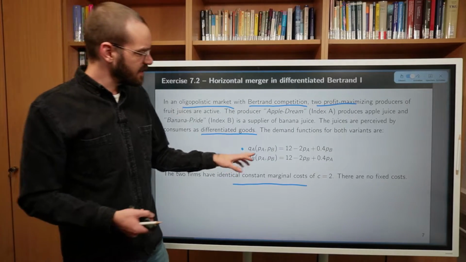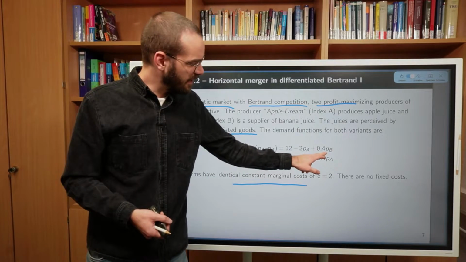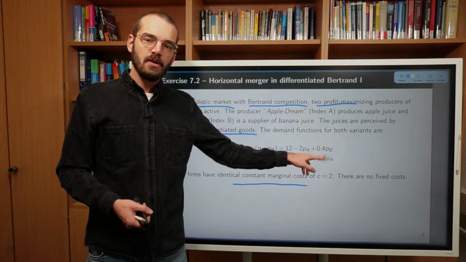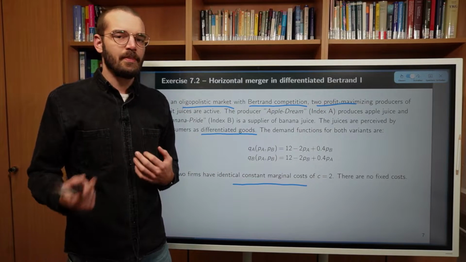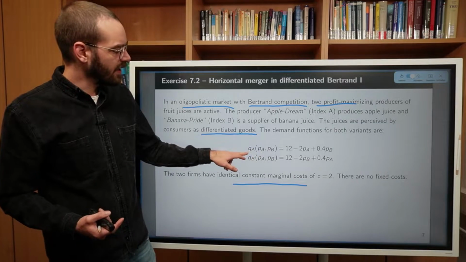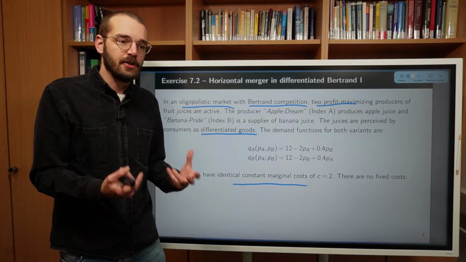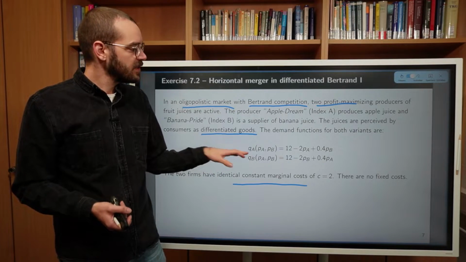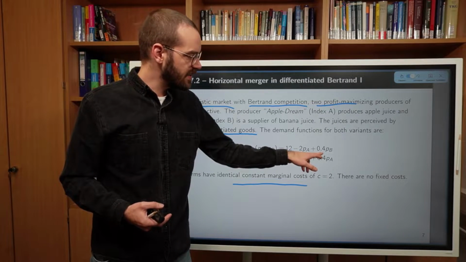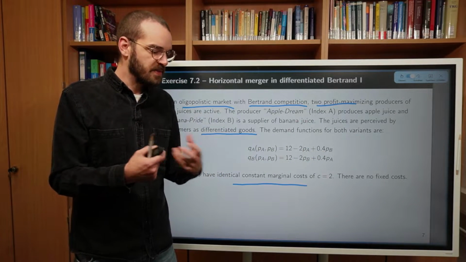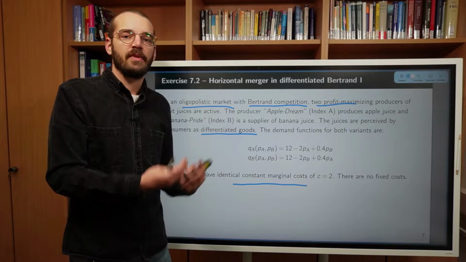We can see that the demand for good A is increasing in the price of good B. So in case firm B decides to decrease their price, then the demand for good A decreases as we are used to seeing it, but it doesn't decrease to 0. Instead there is some dampened effect of the price of one good onto the demand for the other good.